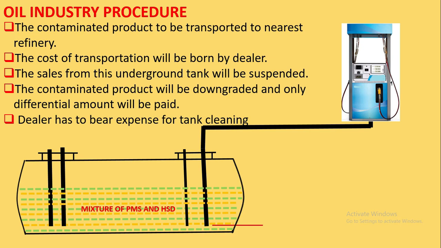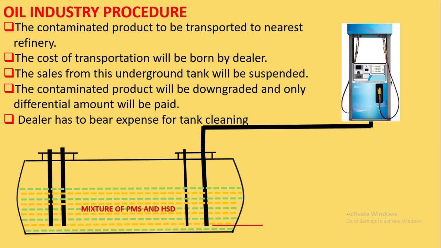Irrespective of the oil company, whether it is HPCL, BPCL or IOCL, your sales officer has to coordinate and send the product to the nearest refinery. But the cost of transportation from your retail outlet to the refinery will be borne by the dealer. That means it is you. And the sales from this underground tank will be suspended until this is resolved properly.